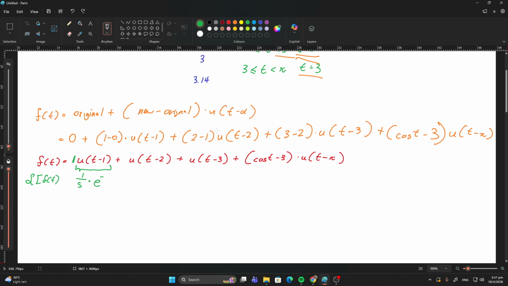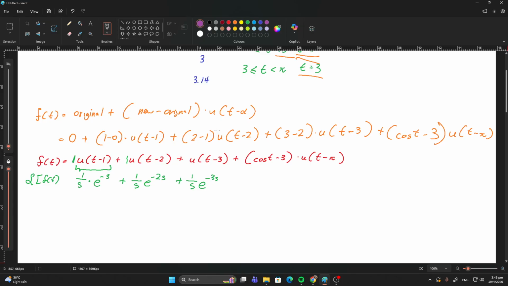In this case, alpha is just 1, and plus, same thing, there's a 1 in front, so alpha in this case is now 2, then plus 1 over s, and alpha in this case is now 3, e to the minus 3s. Right, over here, let's go ahead and do this in a method that I'm more familiar with.